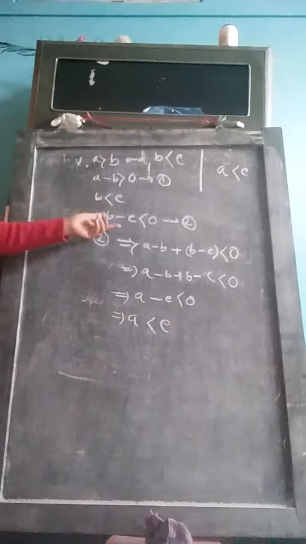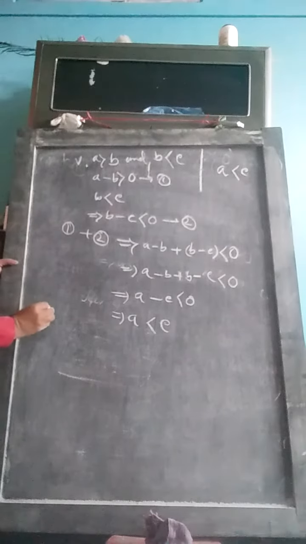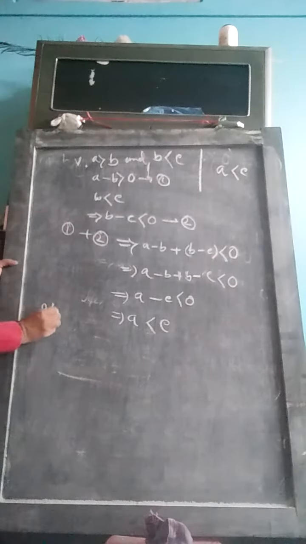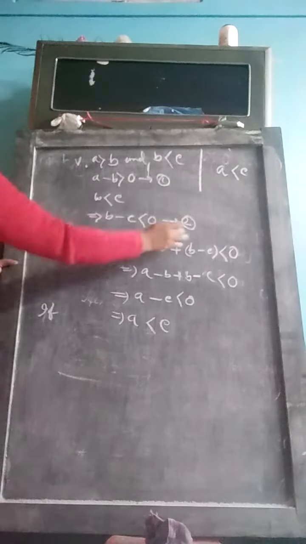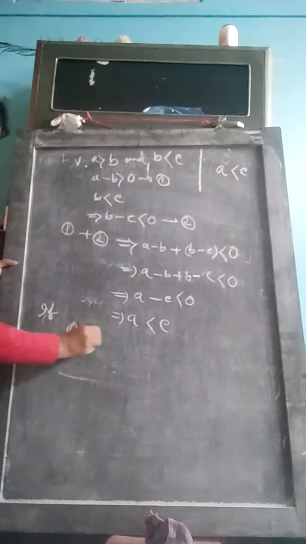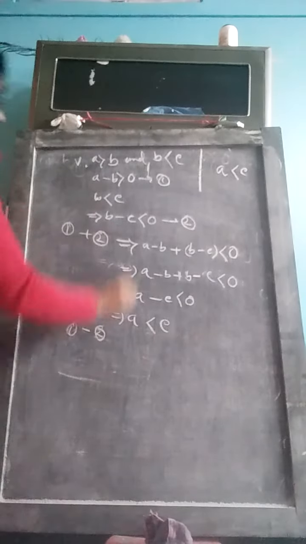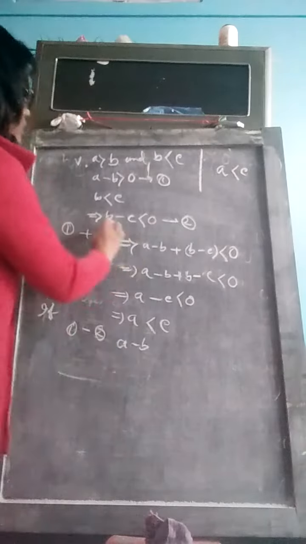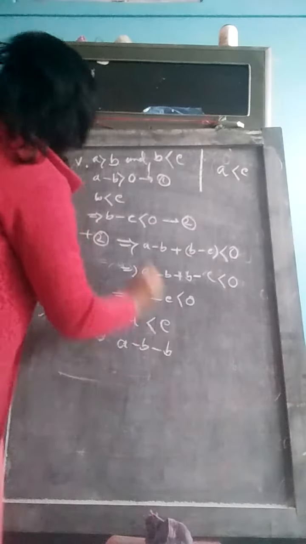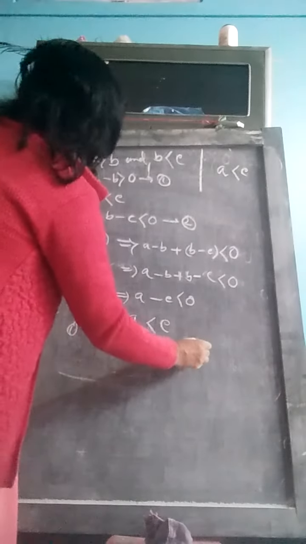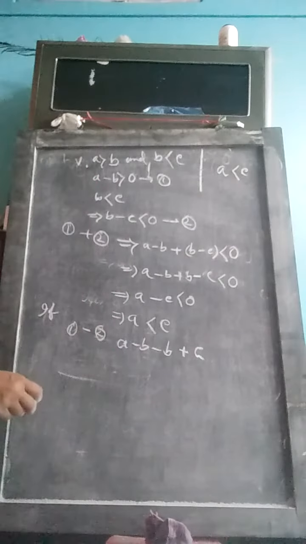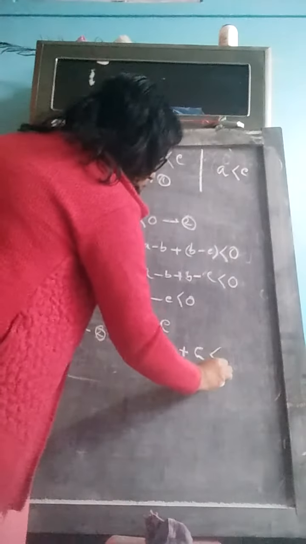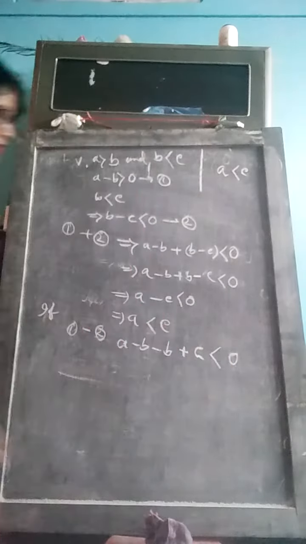If possible, if we subtract 2 from 1, 1 minus 2, what happens? A minus b, this b becomes negative and b becomes positive, is less than 0.